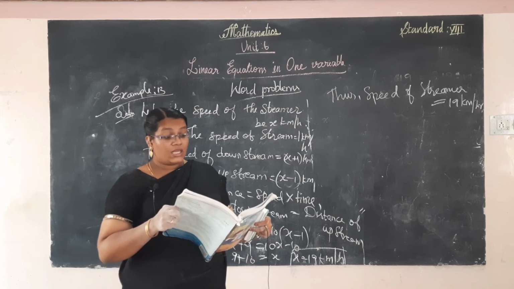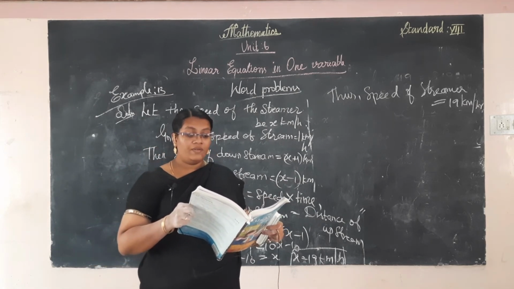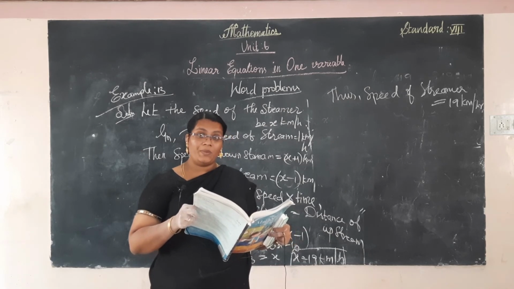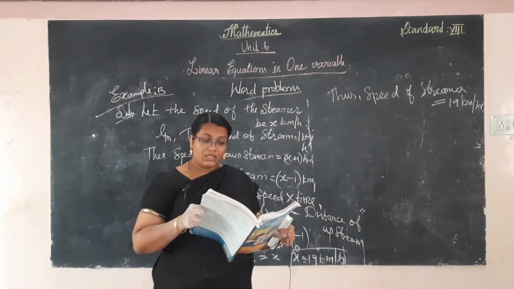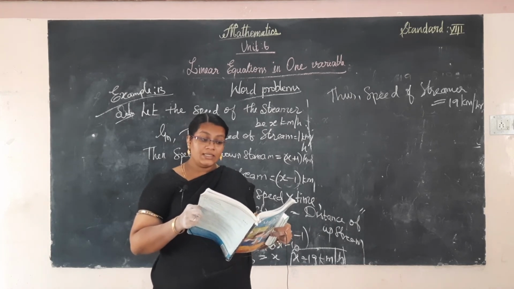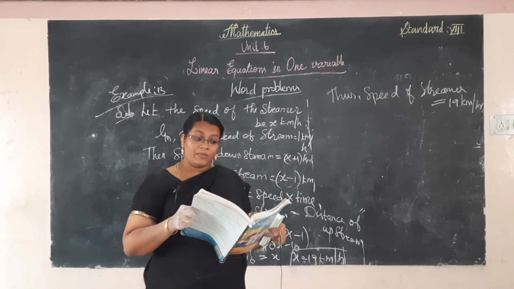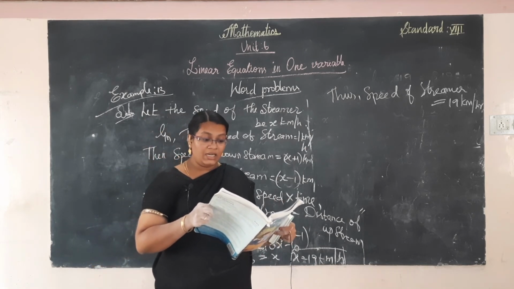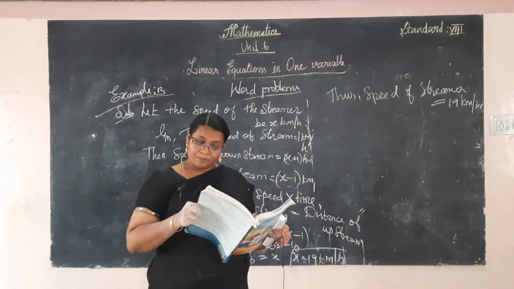So, what are the data given? Raju and Suzail live in two cities, 310 kilometer apart from each other. The distance between the two is 310 kilometers. They started at the same time to meet each other at some place in between that journey.